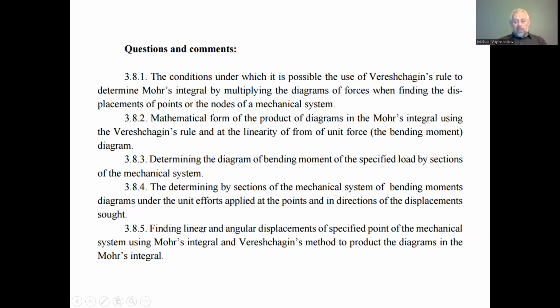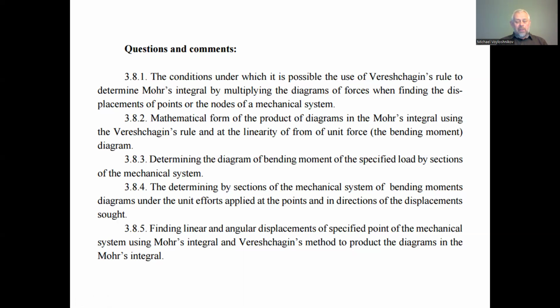3.9.5. Finding linear and angular displacement of a specified point of the mechanical system using the Mohr integral and the Vereshchagin method to produce the diagram product in the Mohr integral. Linear and angular displacement we can find by the Mohr integral. Within the Mohr integral, in the numerator we have the integrand, the product of diagrams. One diagram is the bending moment under the action of the external force.